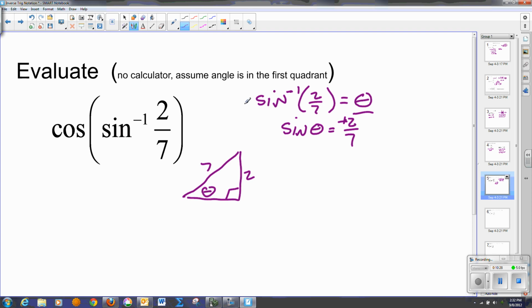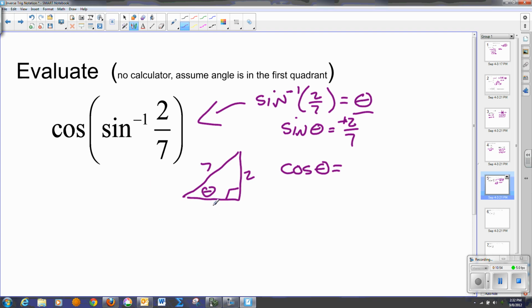I can make a substitution into my original problem and say, well, what then is the cosine of theta? Once I find the cosine of theta, since I have this information already, I have my value for the cosine of the inverse sine of 2/7.